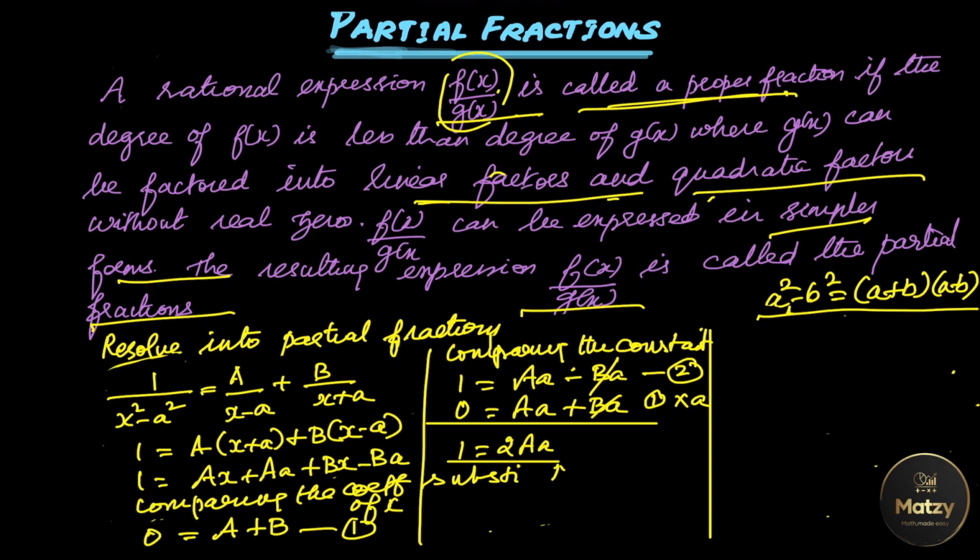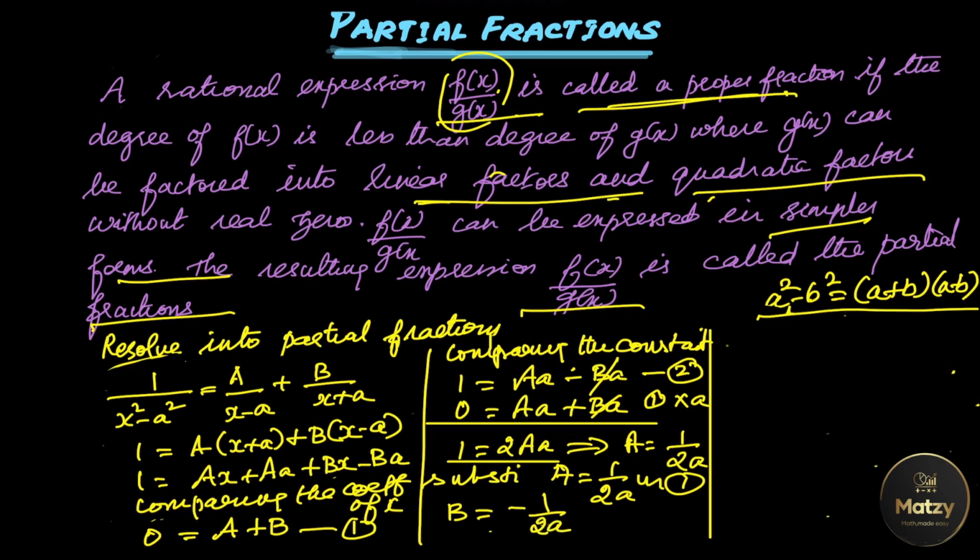Okay, in the first equation, if I substitute, what is the first equation? A plus B is equal to 0. If I substitute there, I'll get B is equal to minus 1 by 2a.